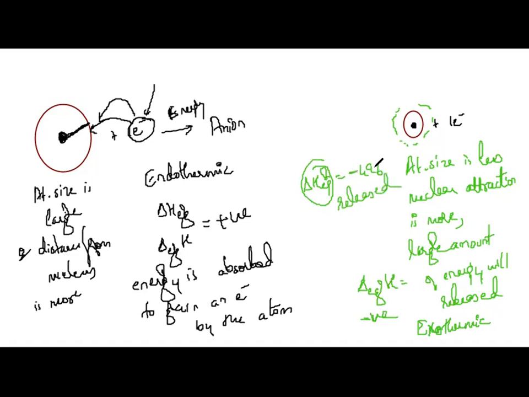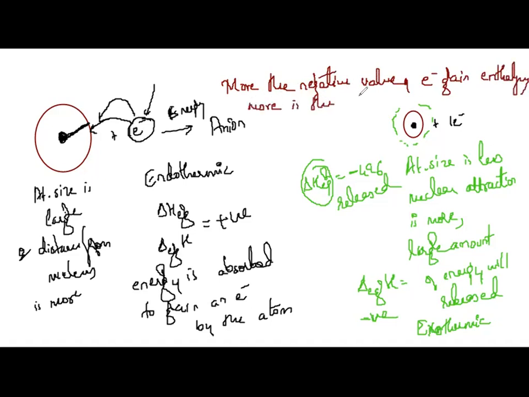So how much more negative the value of electron gain enthalpy is, what do I conclude? The more negative the value of electron gain enthalpy, the more is the ease, meaning the atom gains an electron easily. And when is the negative value more for electron gain enthalpy?